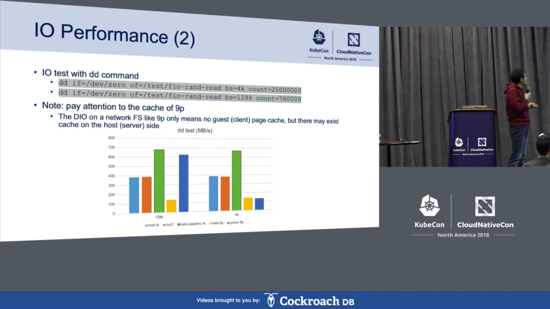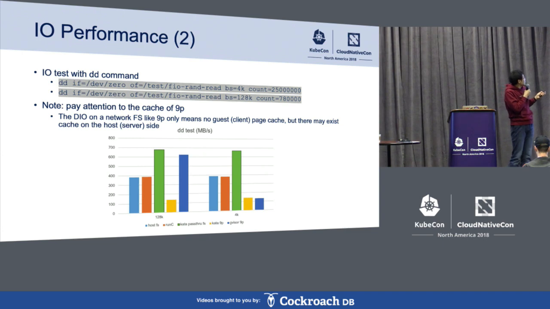We have to make some tests with gVisor, so we try to use the dd command to do some dd tests with 9P, with gVisor and Kata Containers.